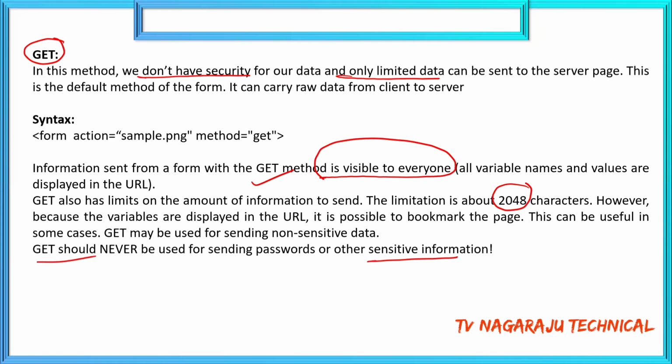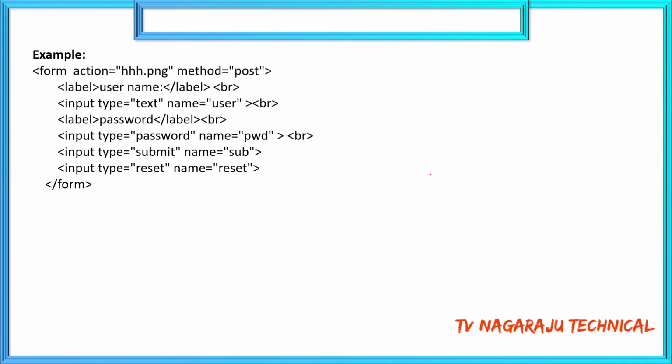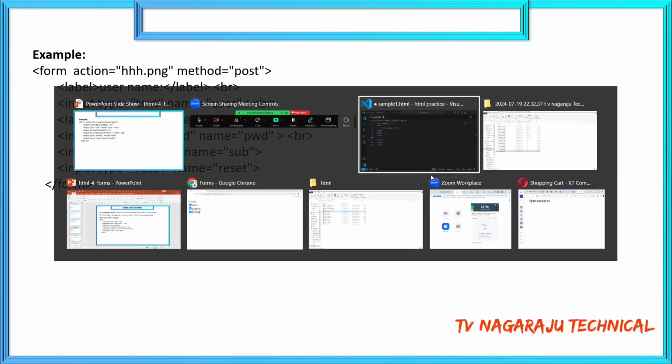Then what is the post method? Exactly the reverse. If you want to send sensitive information, we use post. Here there is no limit on the data that we can transfer, and the data is invisible to the user.